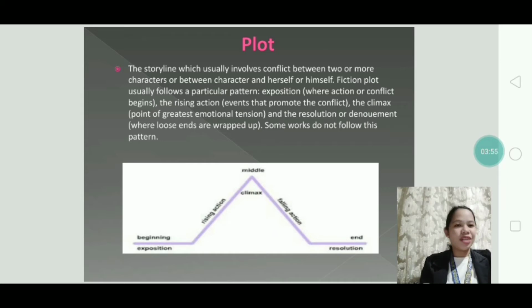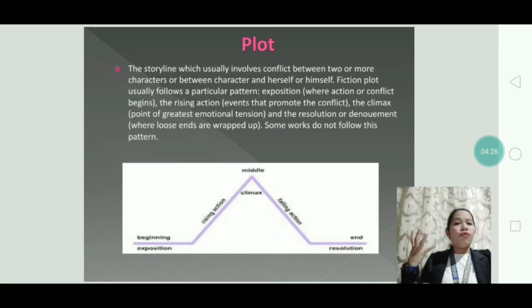You may now take your seat. Fiction plot usually follows a particular pattern: exposition, where action or conflict begins; the rising action, events that promote the conflict; the climax, or the point of greatest emotional tension; and the resolution or denouement, where loose ends are wrapped up. Some works do not follow this pattern.